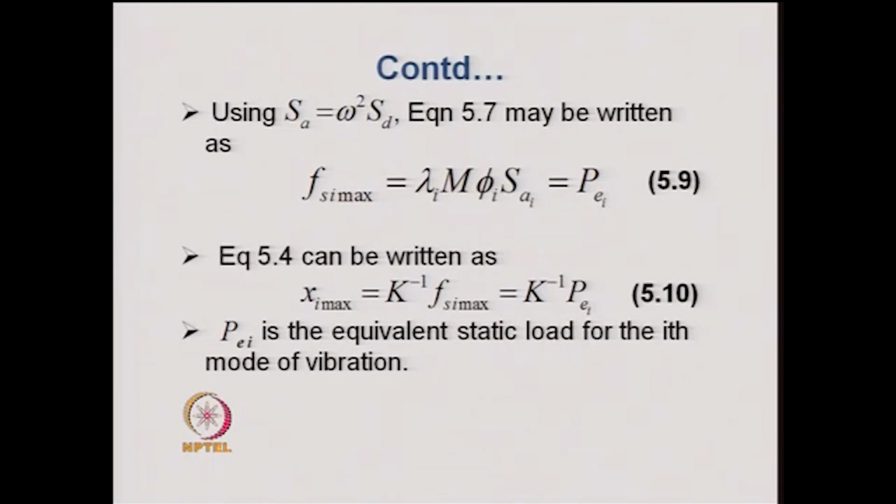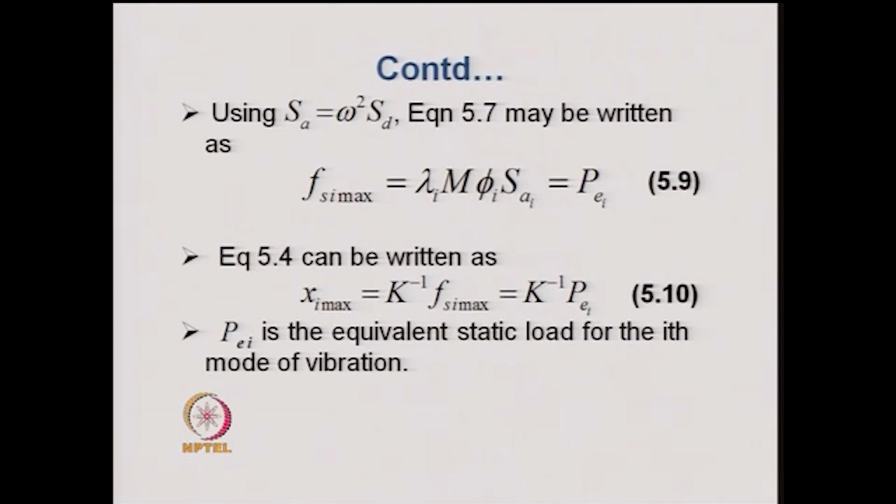Then once we obtain the value of PEI using the formula 5.9, the things that are required for us are SAI, that is the spectral acceleration, that must be defined, and that is generally given in all codes of practice; phi I, that is the mode shape in the ith mode; and the mode participation factor lambda I that can be obtained using the formula that I had shown before.